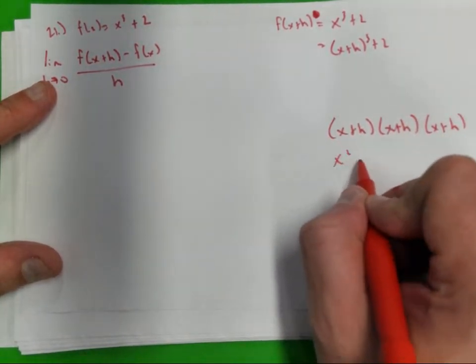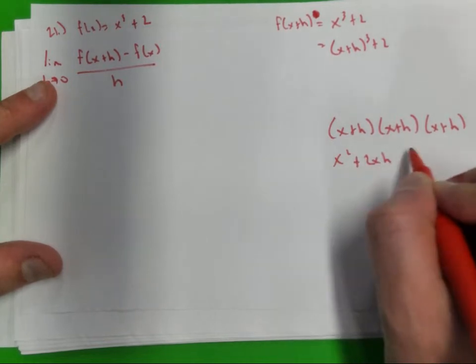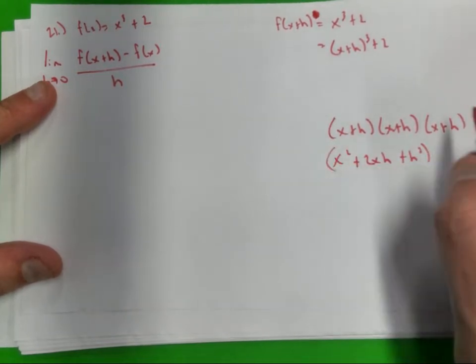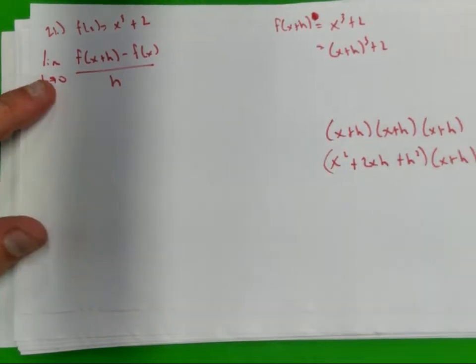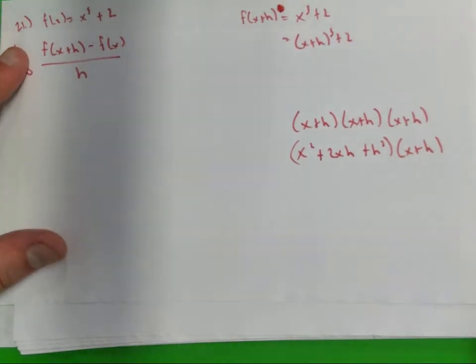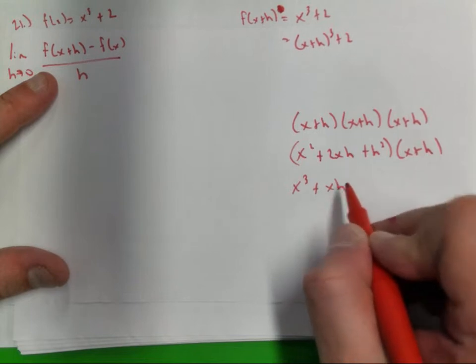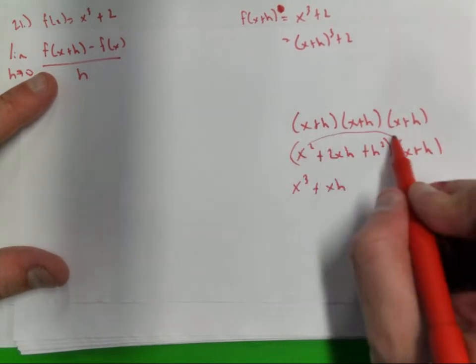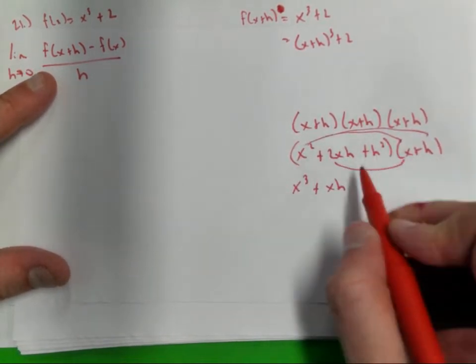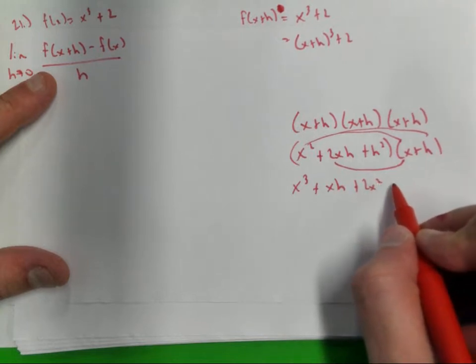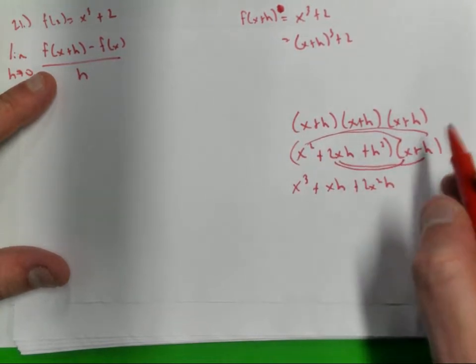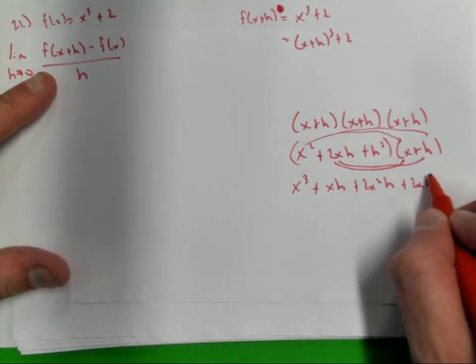You know the first one, x squared plus 2xh plus h squared. We FOILed that so many times, you should know that one. Now I'm going to distribute the x squared. It's going to be x cubed plus x squared h. I distributed that. Now multiply that by h: plus 2x squared h plus 2xh squared.